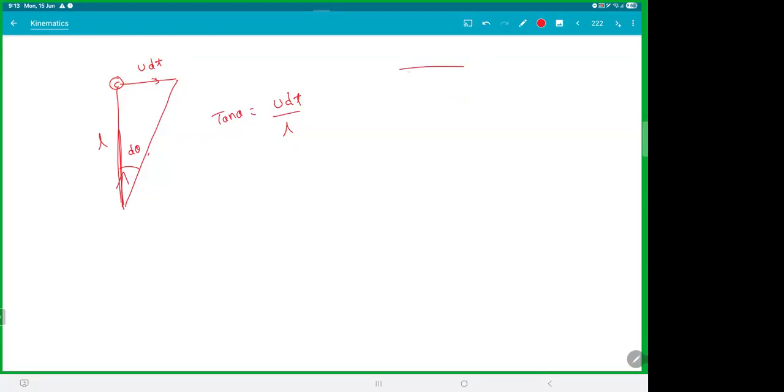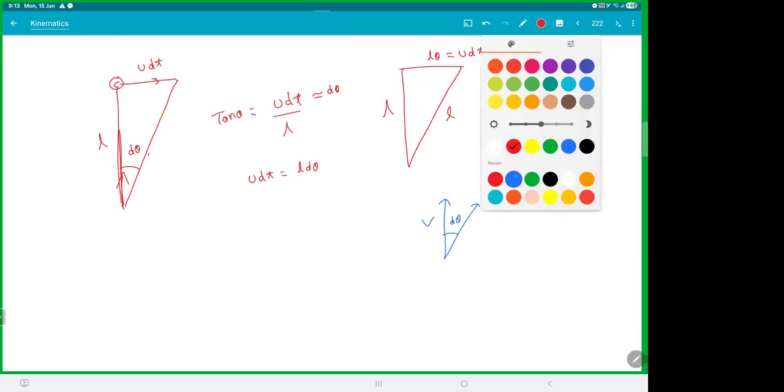So if you don't like this angle stuff, you can always say that this is like your arc length, L theta. So L theta is equal to u dt. When you approximate this to d theta, you get the same thing: u dt is equal to L d theta. Isn't that the whole point of integration? You can treat an arc as a line or a line as an arc because it is so small, everything works. So we got one relation from here. And then we said if the velocity is changing from v to v with an angle d theta, the change in velocity vector would be this.